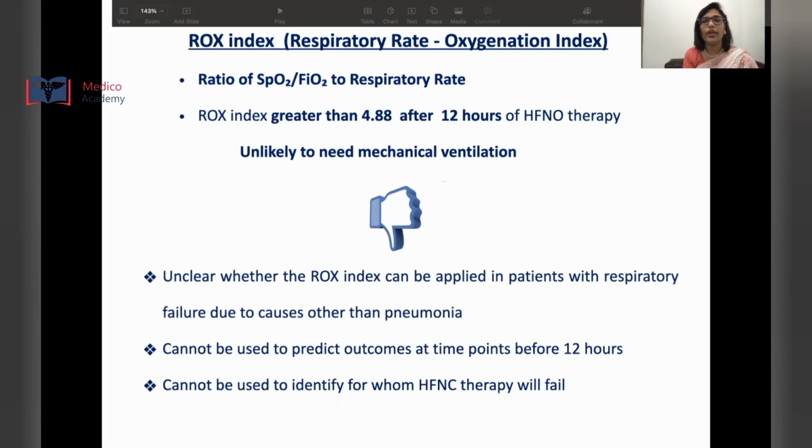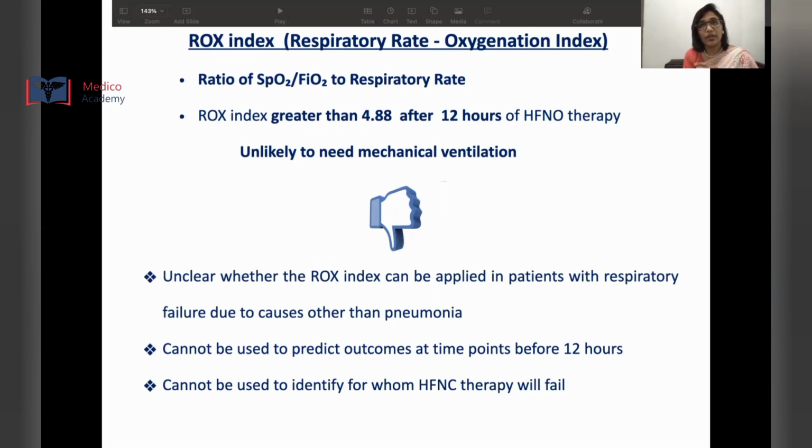What we follow in my ICU is that after 2 to 4 hours of high flow nasal oxygen therapy, we repeat the ABG and we look for the acid-base status as well as the PF ratio, PaO2 by FiO2 ratio. If that is showing improvement, then we consider it as a success. Rather than saying success, I would say there is very little chance of the patient clinically deteriorating.